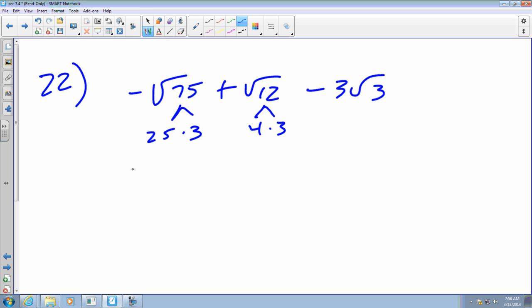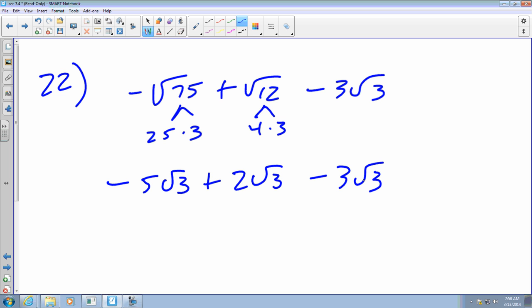Let's bring out, the negative is already out front, so I'm going to have a negative. 25 comes out as a 5. 3 stays under. Plus 4 comes out as a 2. 3 stays under. 3 square roots of 3 just comes down because that is already in simplest form.